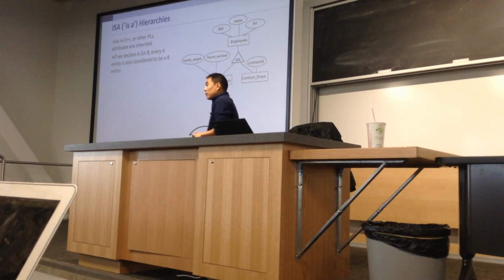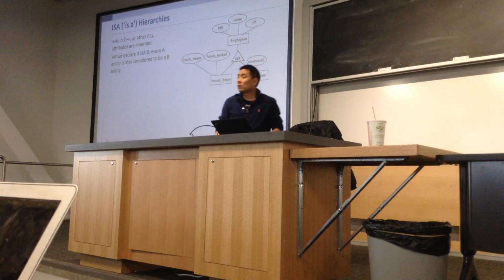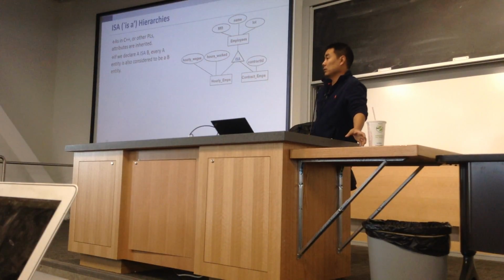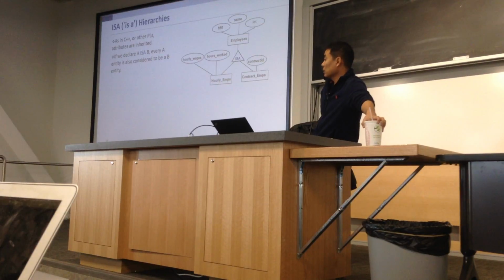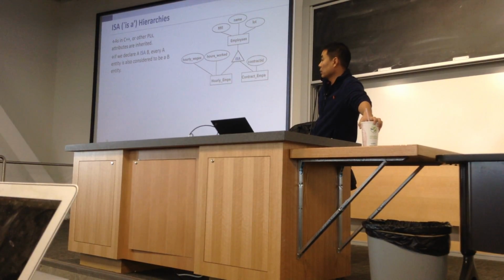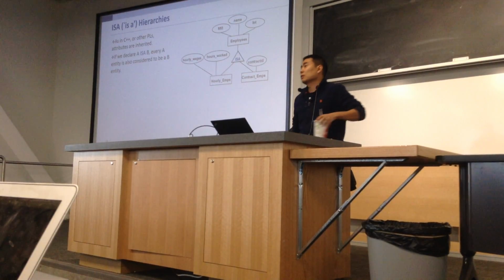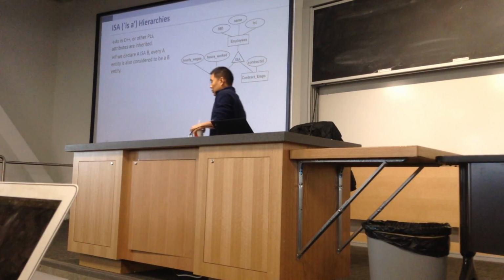So in this case, obviously, contract employees and hourly employees are subclasses of employees, but what prevents us from thinking that employees and contract employees are a subset of hourly employees? Is it just the way that the triangle is connected, or just common sense?